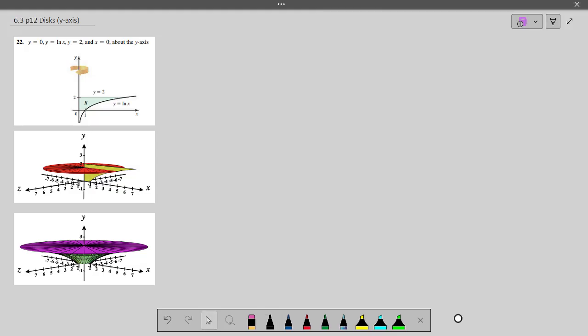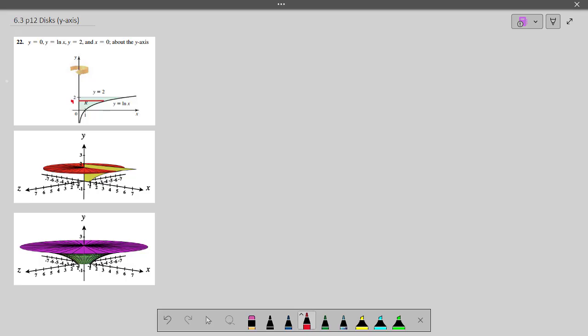So here is our region. So this region in quadrant 1 given by these 4 curves. There's 4 boundary curves here. And that's going to be rotated around the y-axis, creating this thing, whatever you want to call that shape. And if we take a random horizontal element, so I'll just draw it right there.